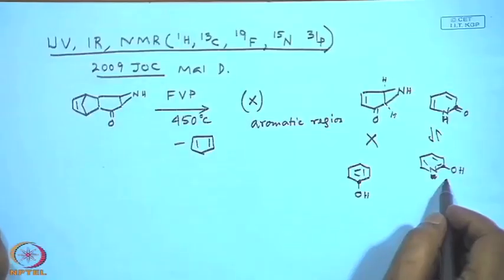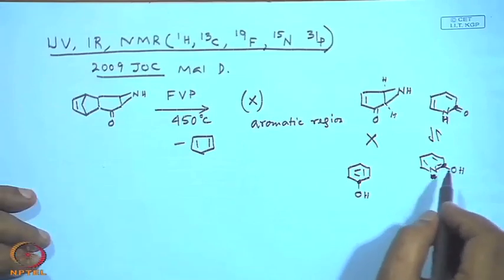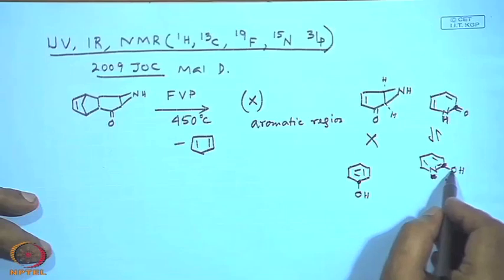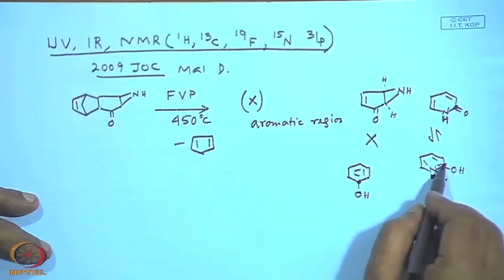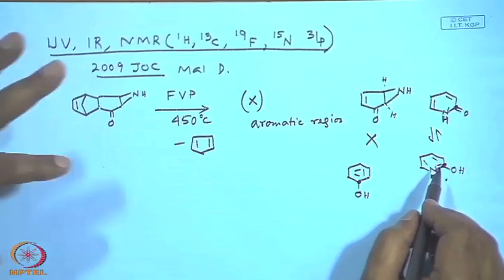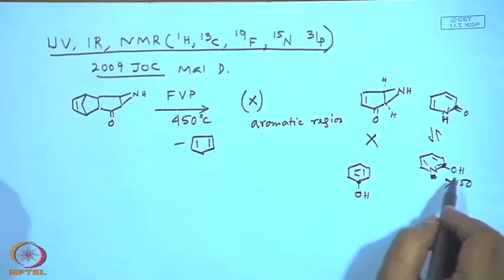In case of pyridine, let us say 2-hydroxypyridine, what should be the estimated carbon-13 chemical shift of this carbon having this OH group? Benzene is 120, another 30 gives 150, then you have an electron withdrawing nitrogen, so it could definitely be greater than 150, that is for sure.